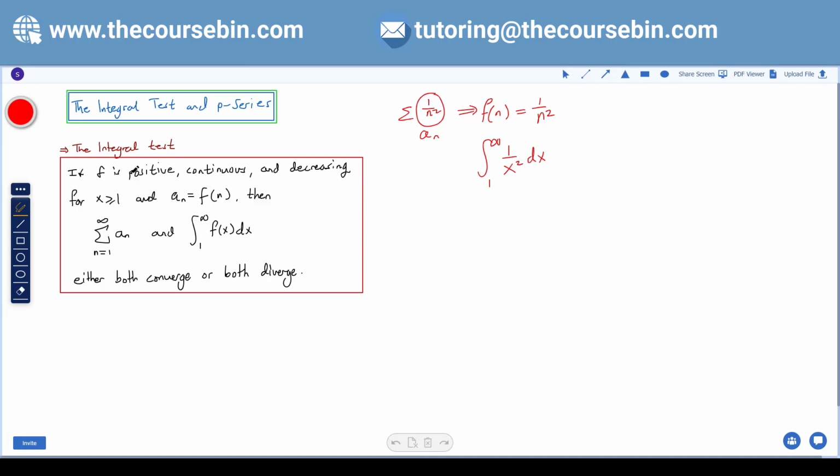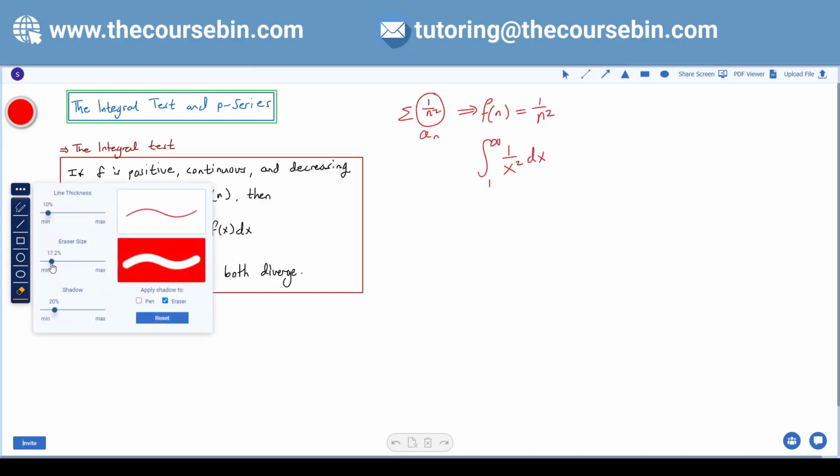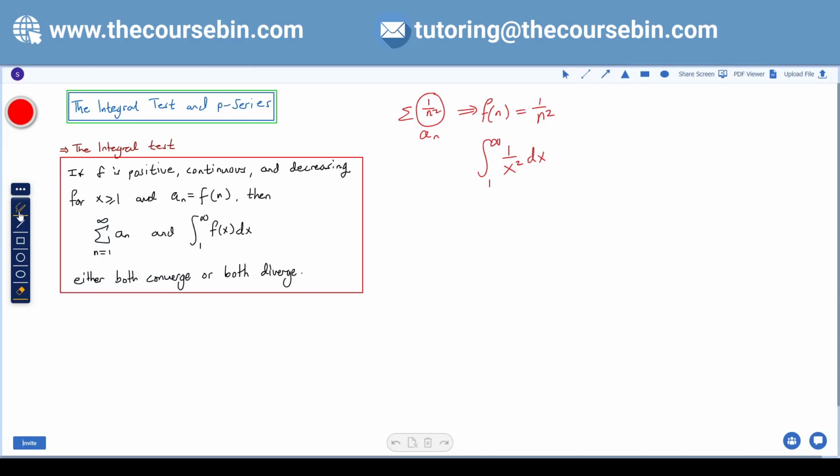However, you need to satisfy these conditions. It has to be positive, continuous, and decreasing. So let me summarize that down below. We need f to be positive. The next thing is f is continuous.